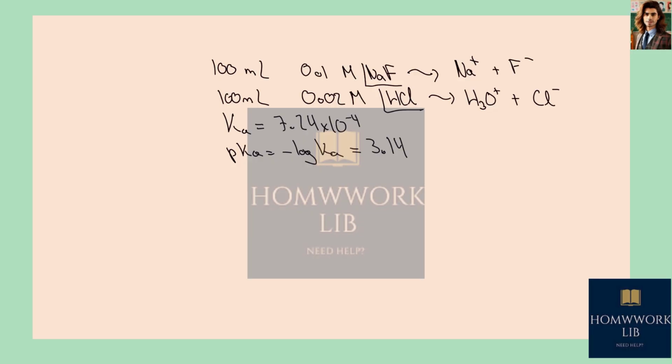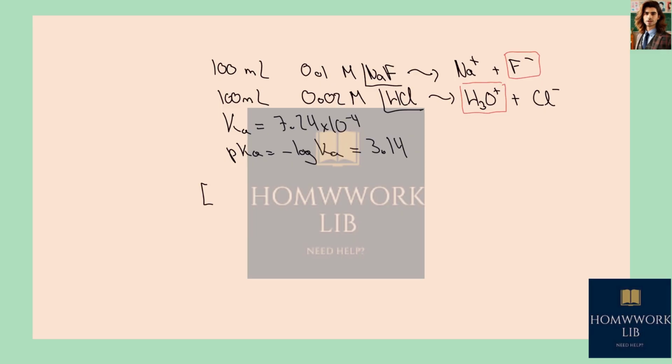So the actual species that are going to react are the hydronium ion with F minus, and we know that the quantities correspond to the same amount of mole that we have of each of them.